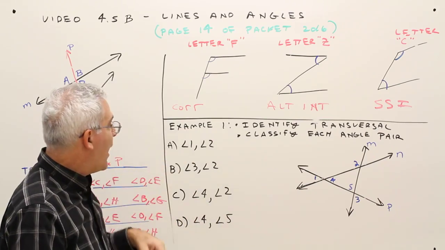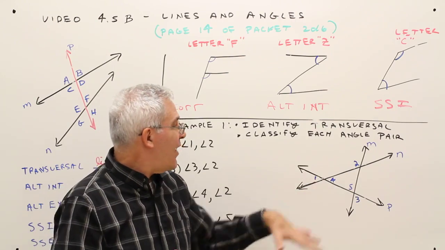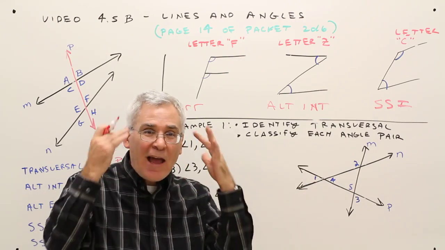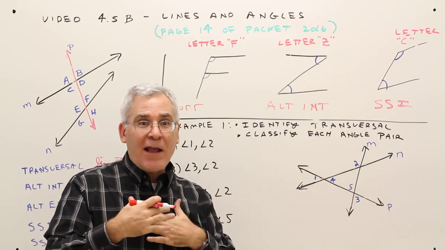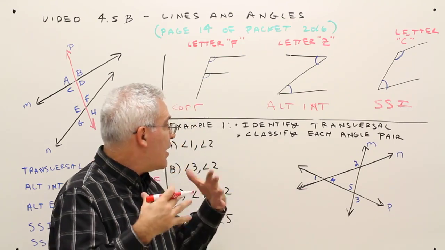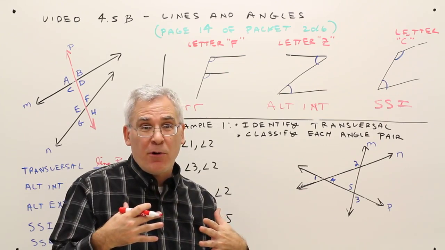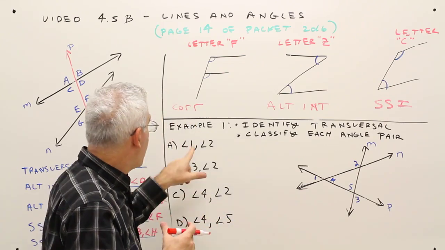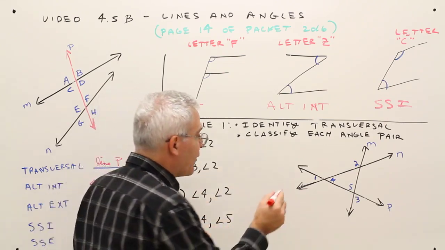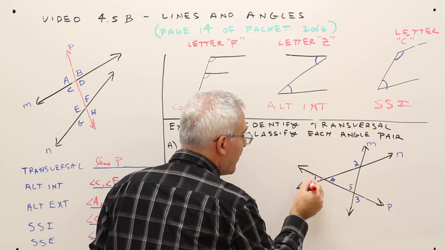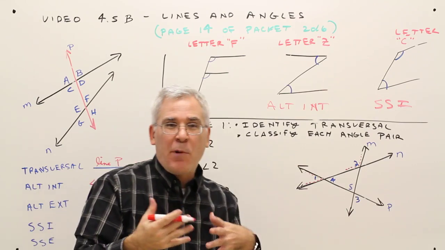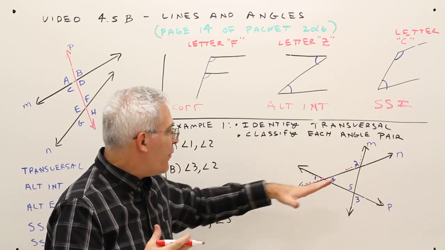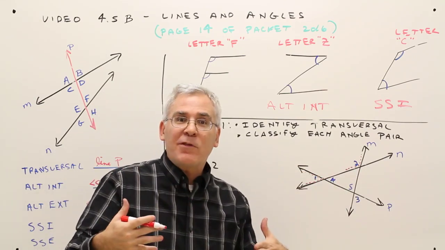Okay, here we go. Angle 1 and angle 2. So what makes these problems hard is there's so much going on, some students can't see what's really important. So what I'd suggest, if it helps you, is just draw the two lines that are important, or the three lines. So angle 1 and angle 2, if you want to get started, you could just kind of outline those parts of those angles, and whatever's in common will always be the transversal.